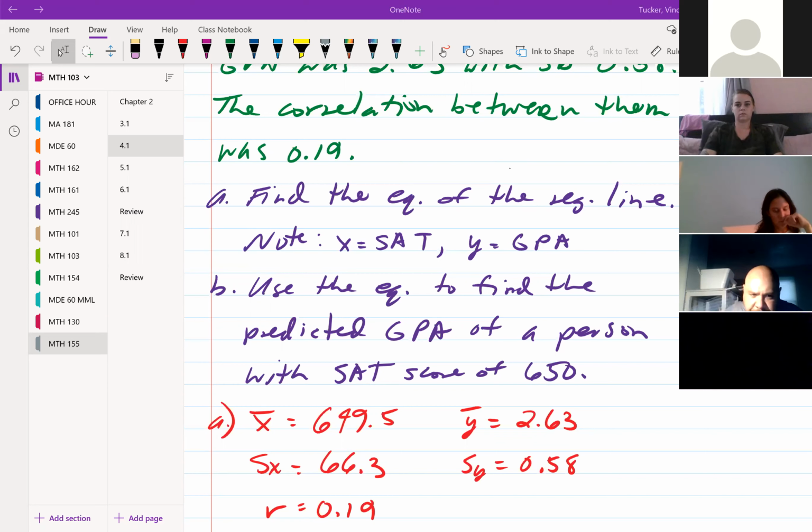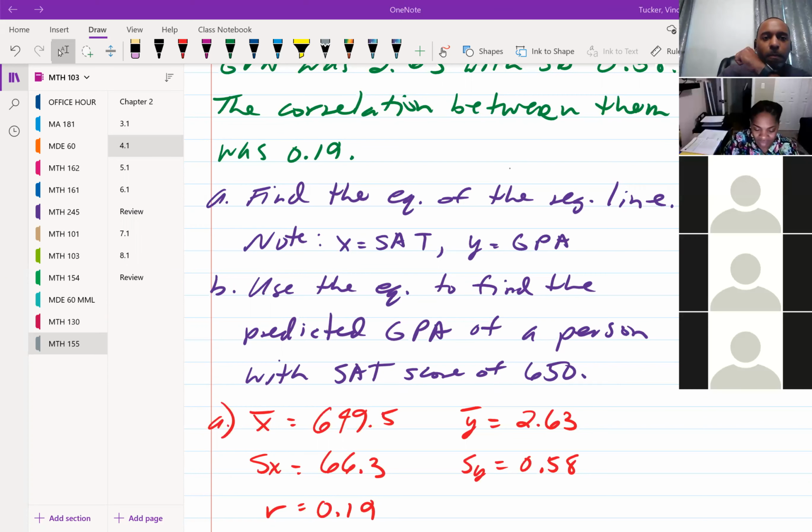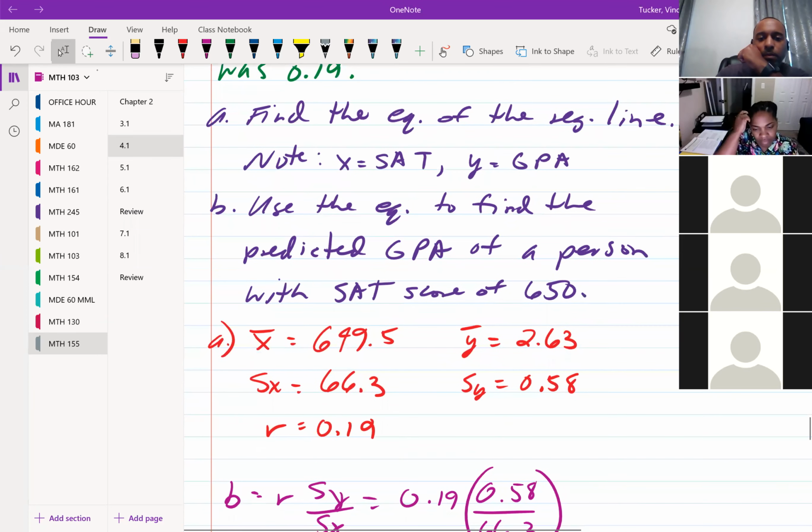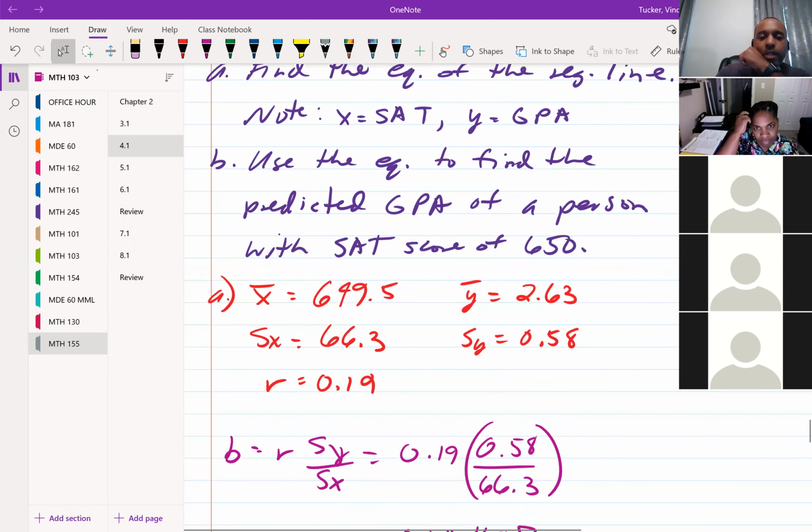That's why your SATs are X, GPAs are Y. All right, and then he tells us our correlation was 0.19. So correlation is R. Questions on any of the word association with the symbols? Is everybody okay?